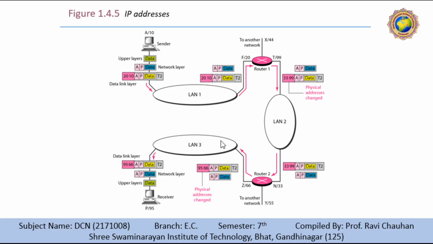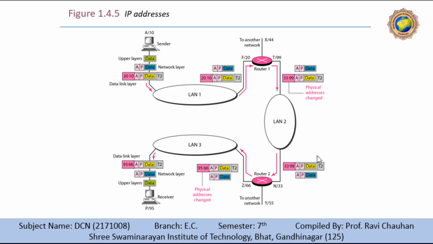The router consults its routing table and ARP to find the physical destination address of the next hop, router 2, creates a new frame, encapsulates the packet and sends it to router 2. Note the physical addresses in the frame. What are the physical addresses in the frame? Yes.